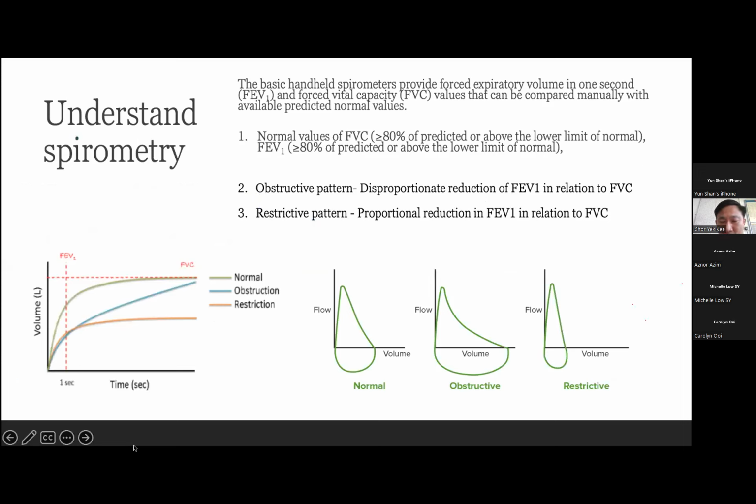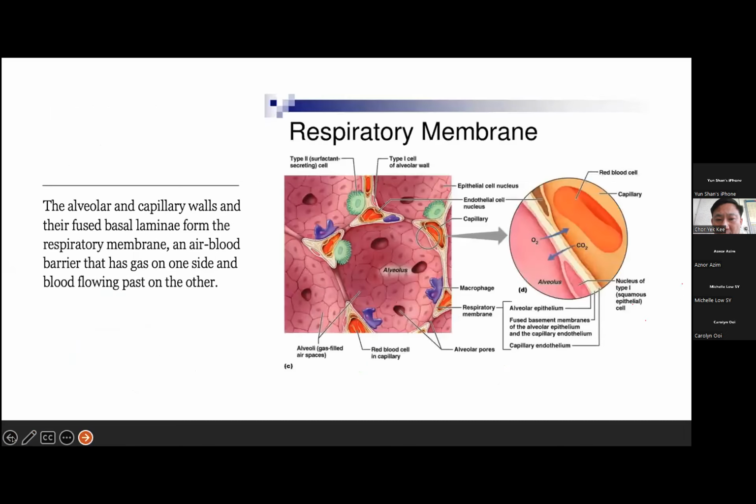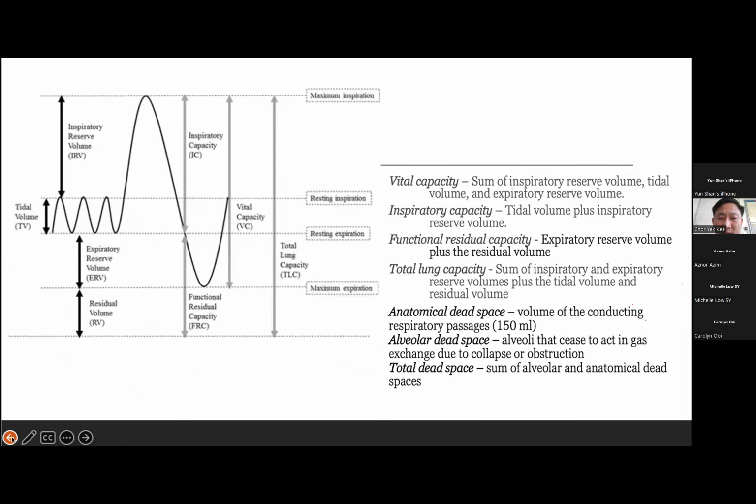The one that you show functional residual capacity, the total lung capacity. Next, yeah, this one. Okay.